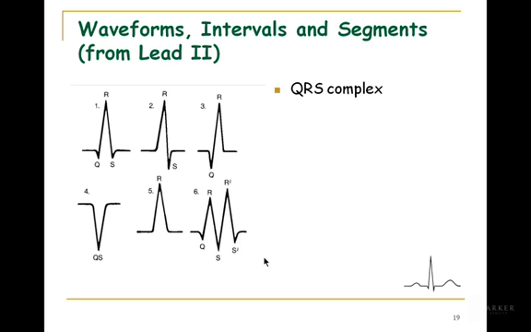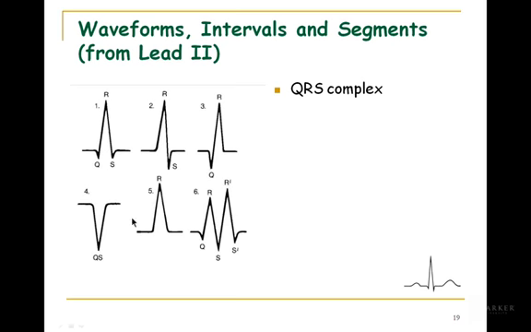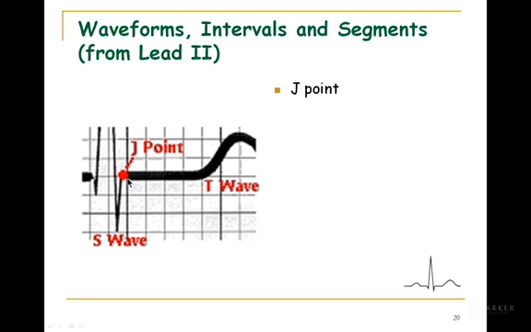Okay? Now, following the QRS complex, say right there, or let's go back, here, here, here, that's referred to as the J point. Okay? The J point is a very important reference point. This is the point where, again, the QRS complex returns to baseline.